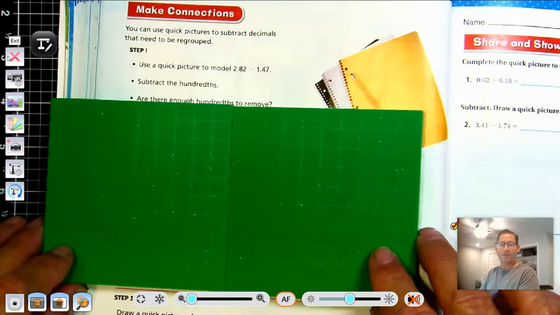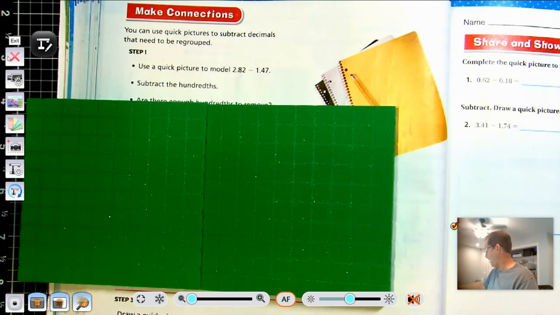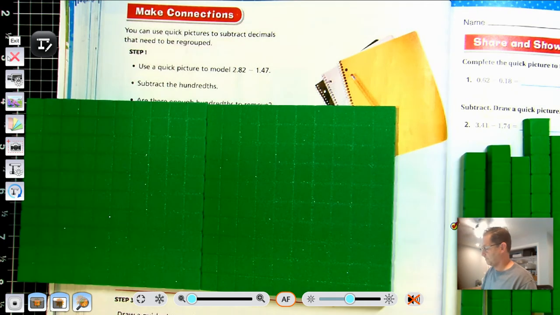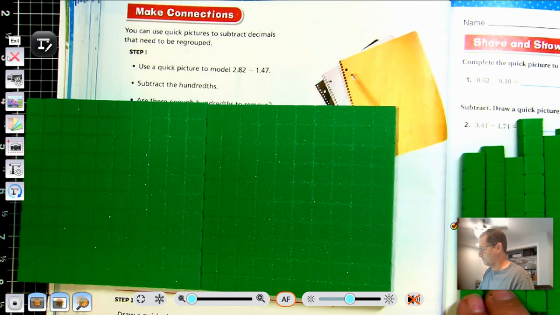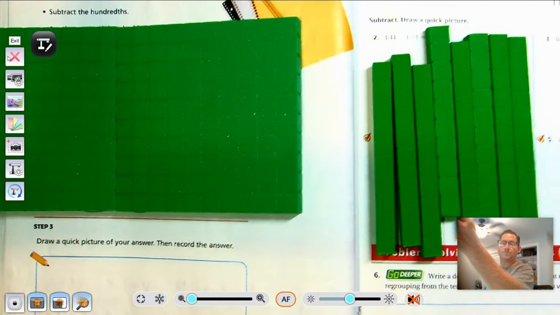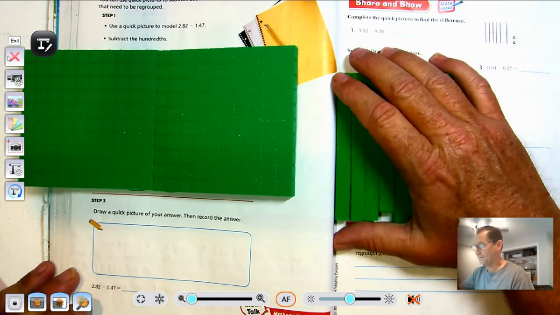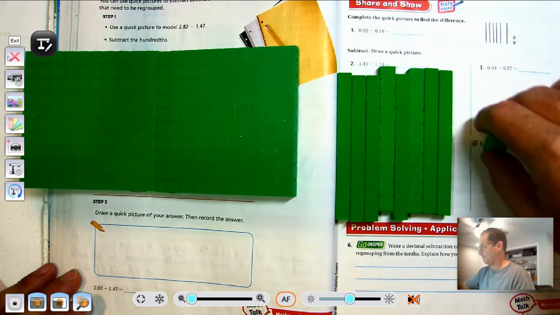So we'd have 2 hundredths, 8 tenths, and 2 wholes. Okay, so 8 tenths and 2 hundredths.